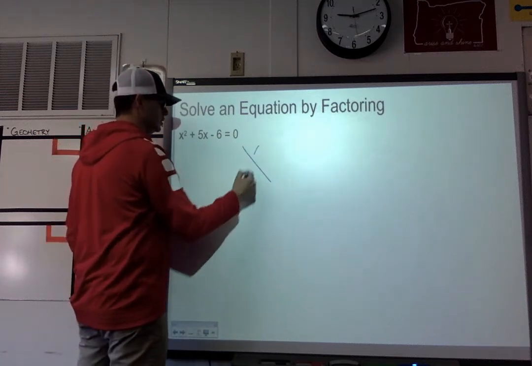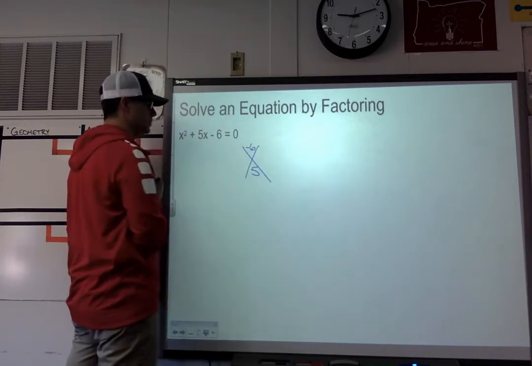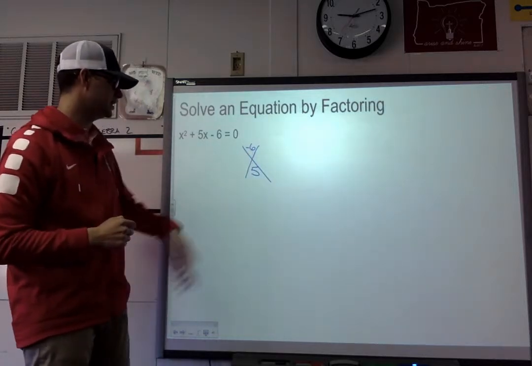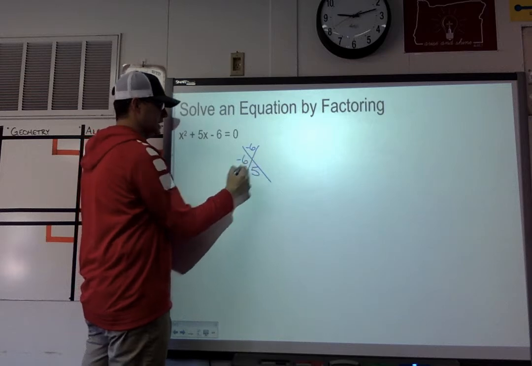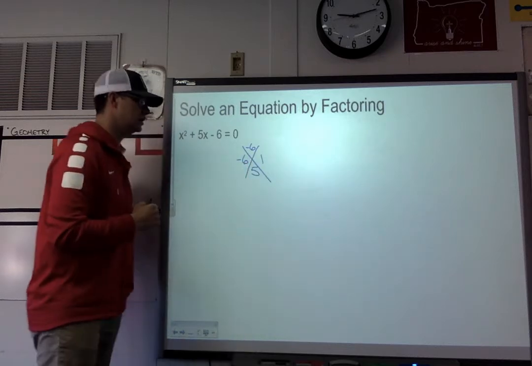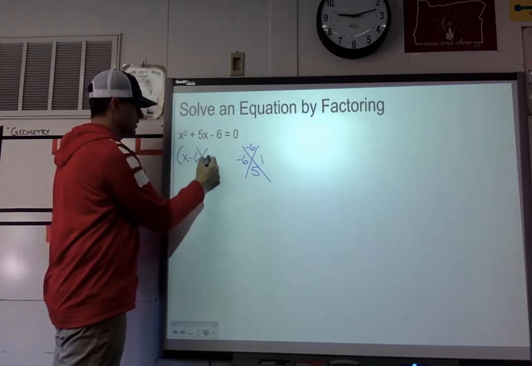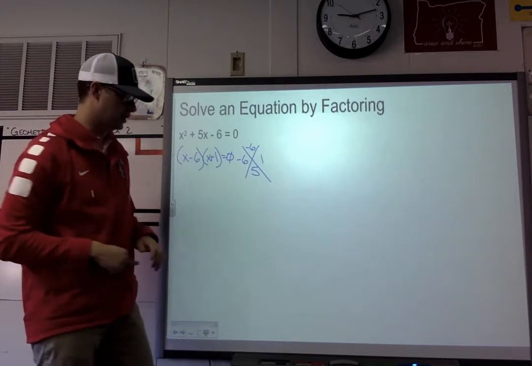So here, a times c is -6, b is 5. So two numbers that multiply to -6 and add to 5. In this case, that would be -6 and 1. So we would say x minus 6 times x plus 1 is equal to 0.